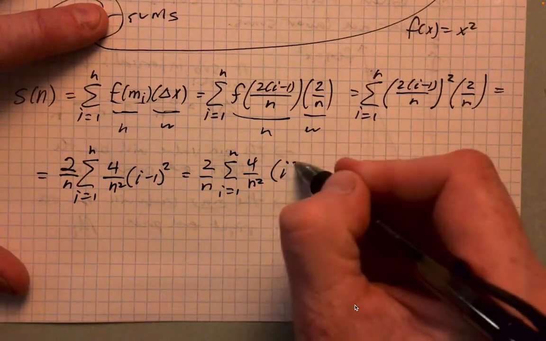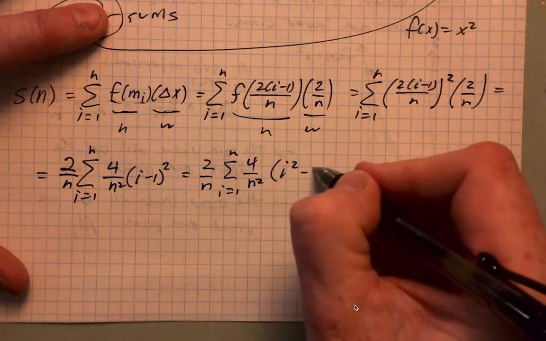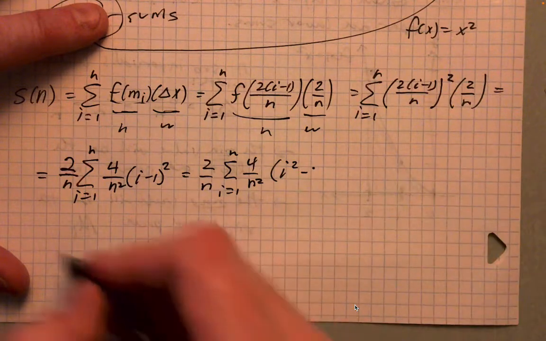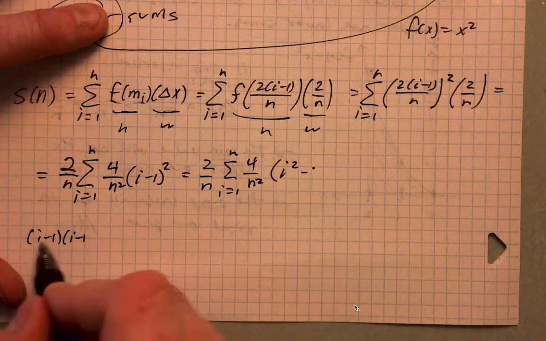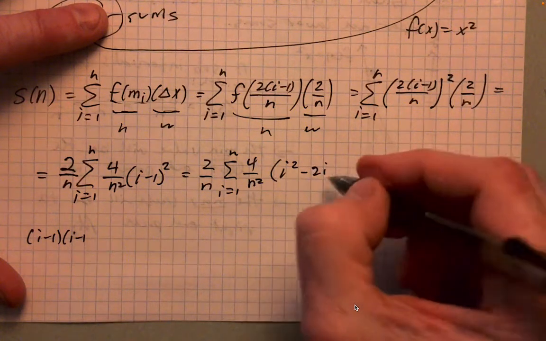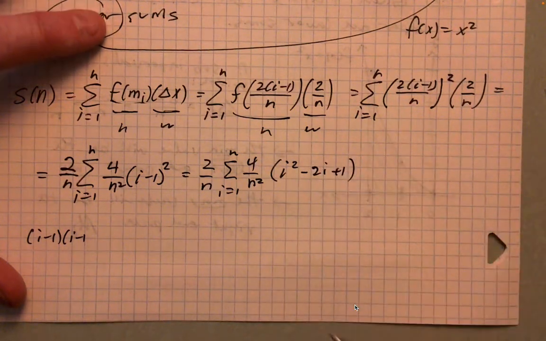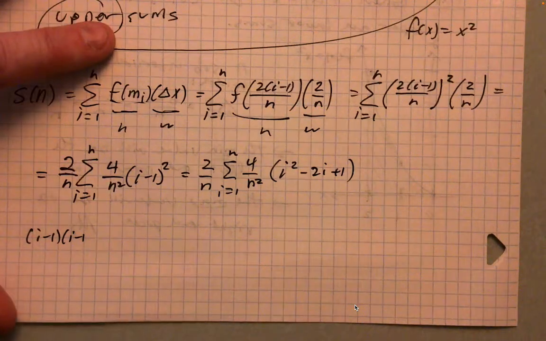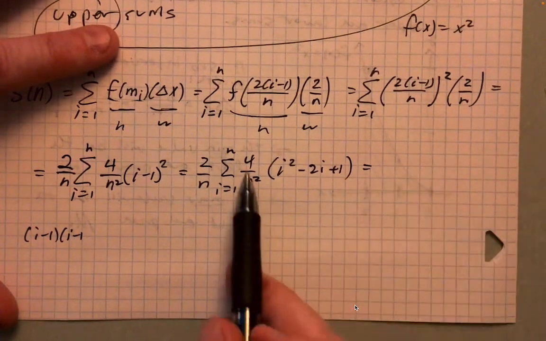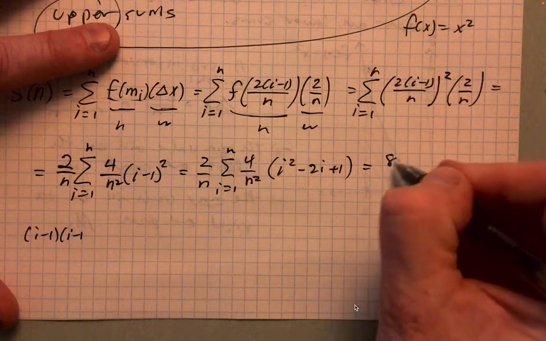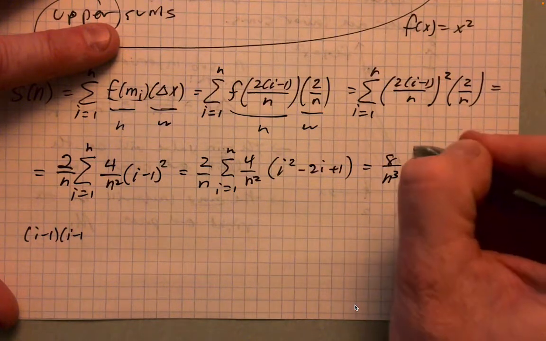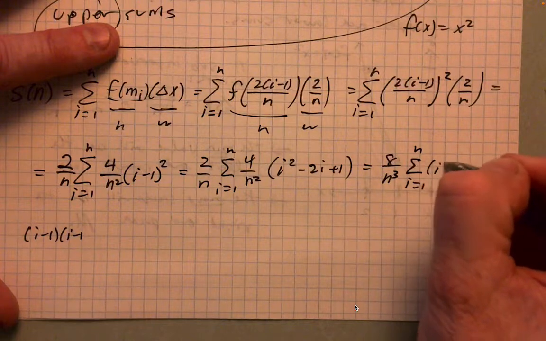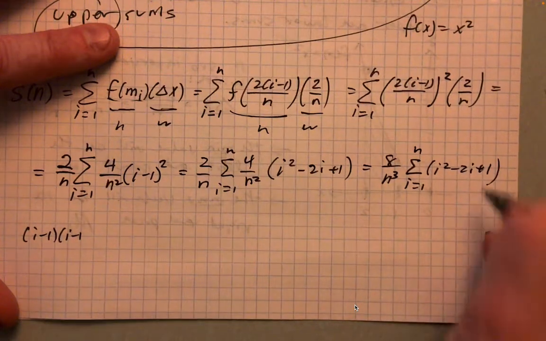And this will be i squared minus, let's see, so i minus 1, i minus 1, i squared minus 2i, minus 2i plus 1. Okay, we've got that. And then let's actually pull the rest of this out. So 8 over n cubed, sum from i equals 1 to n of i squared minus 2i plus 1.